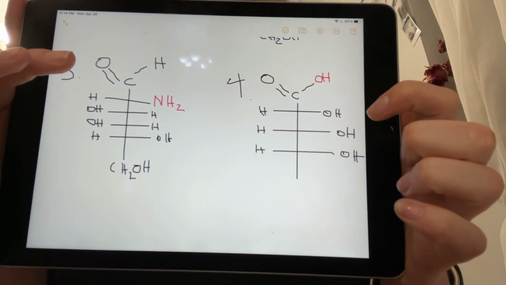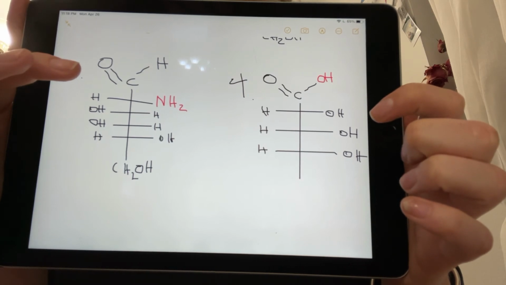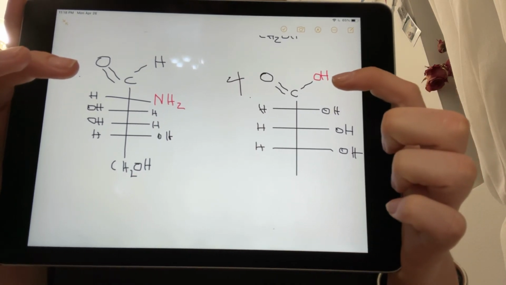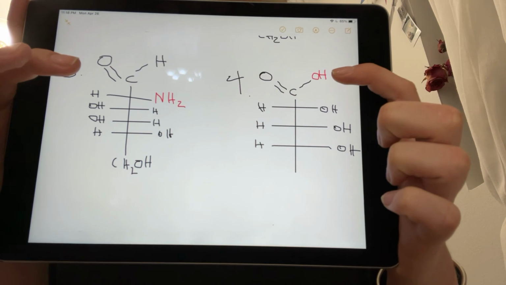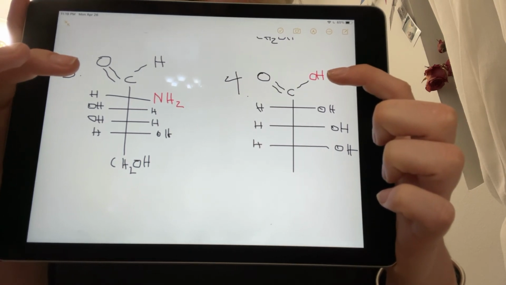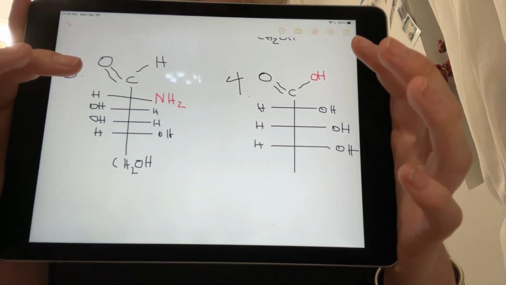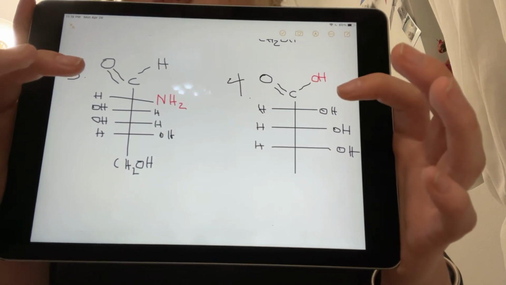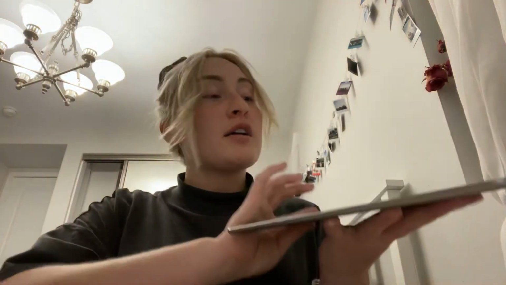And for number 4, there is an OH, a hydroxyl group, now present, which means something was oxidized, meaning this is a carboxylic acid sugar. If you didn't get any of these right, it's probably best to go back and review the examples and the technique that was done.